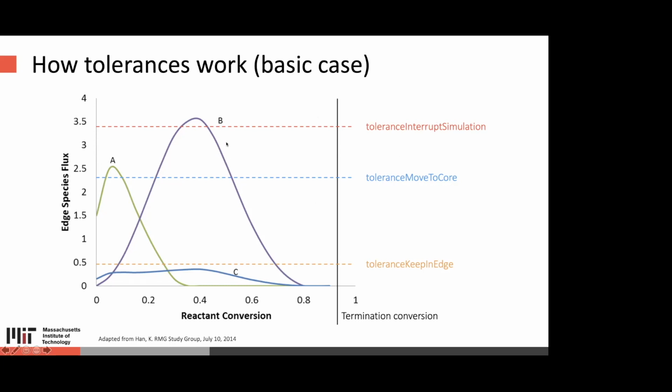And B will also be included from edge to core. But as you can see, if we set the tolerance interrupt simulation at this point, that means the reactor simulation will not go further than this point.